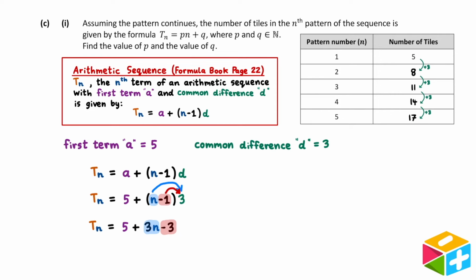From here, we can multiply out the brackets on the right-hand side. n times 3 is 3n, and minus 1 times 3 is minus 3. To clean things up a bit, we can do some simplification. 5 minus 3 is 2.